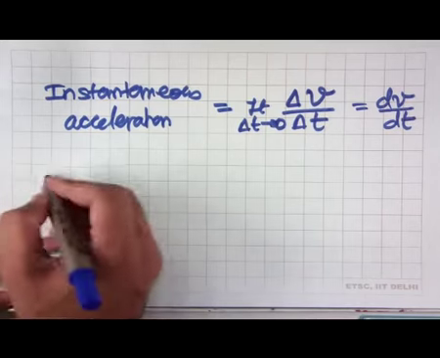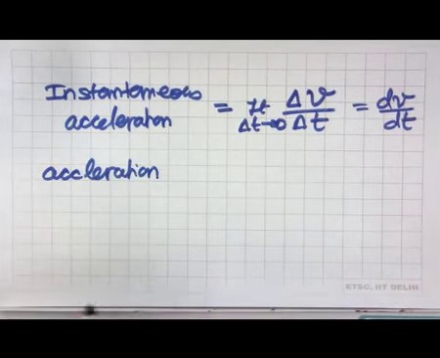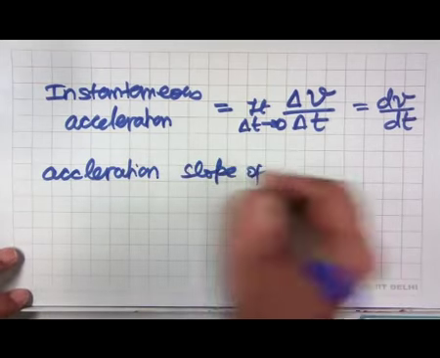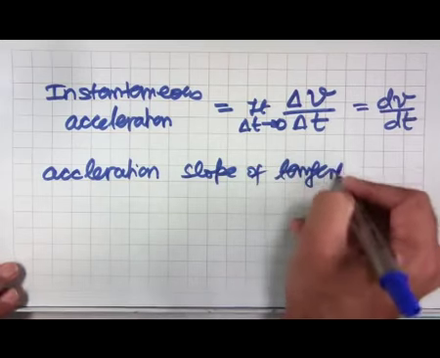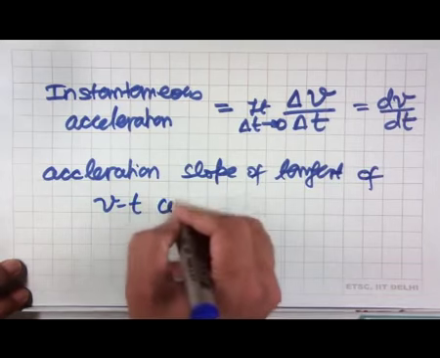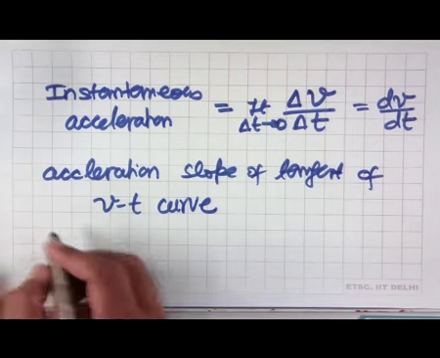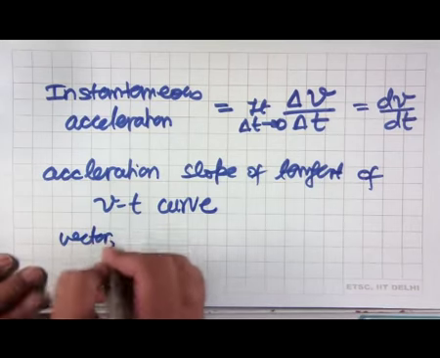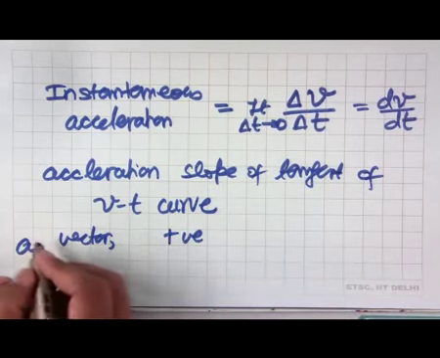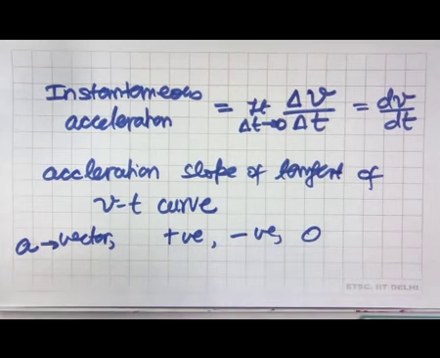Now, given the geometrical interpretation, we will realize that acceleration is the slope of the tangent of the v-t curve. Once again, acceleration is a vector quantity, and it could be positive, it could be negative, it could be 0.